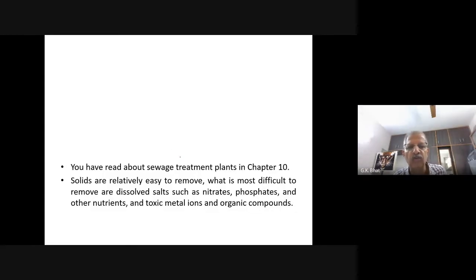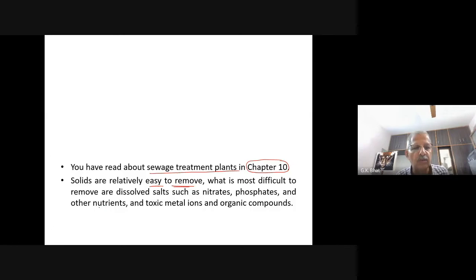You have read about the sewage treatment plant in chapter 10. Have you studied the sewage treatment plant? Yes, I have taught it. Solids are relatively easy to remove. Solids get settled at the bottom, and you can easily remove them.